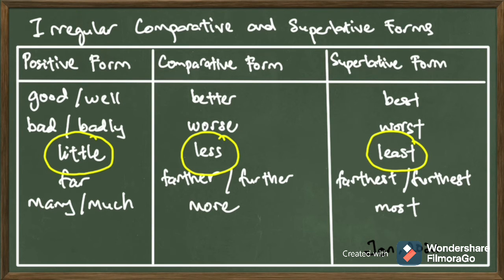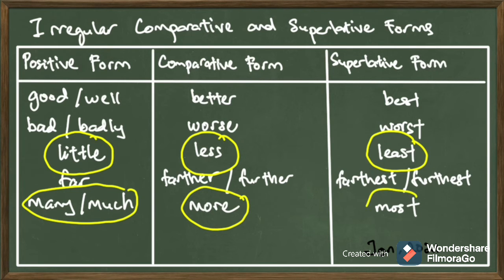Another example, many or much. When you use it in the comparative form, you need to use more. And if you want to use it in the superlative form, you need to use most. You can see the spelling changes. Ejaan dia berubah. There is no shortcut. I would recommend you to memorize this by heart.